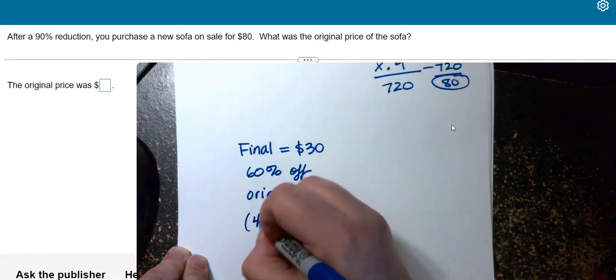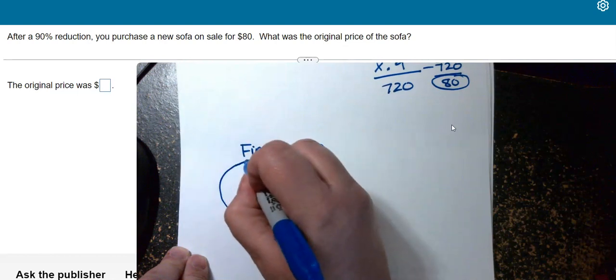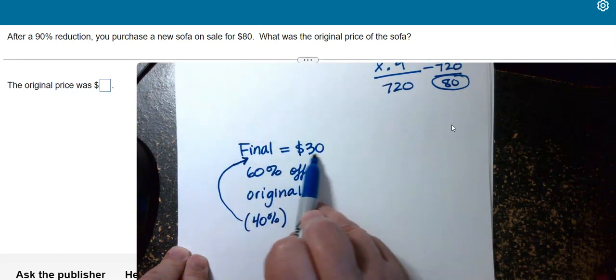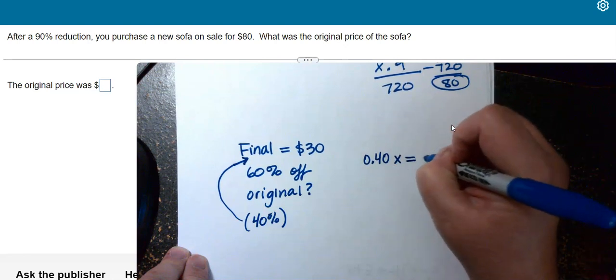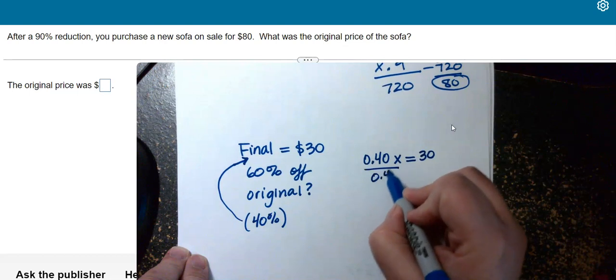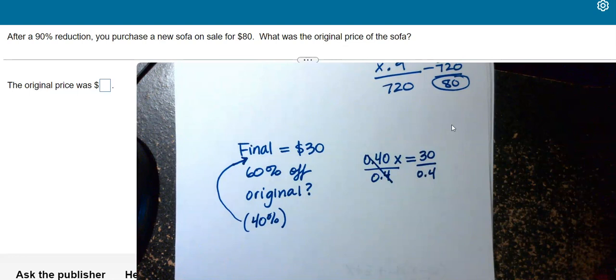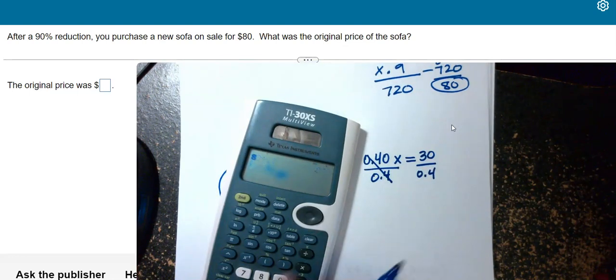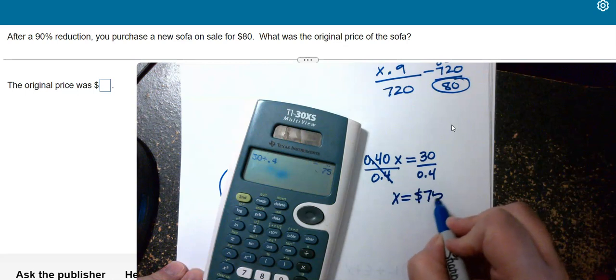So there's 40% remaining. So 40% of the original price is how much was left after we took the discount off. So 0.40 of the original price equals $30. And I can divide both sides by 0.4. And let's see what that gets me. This calculator has seen better days, hasn't it? 75. The original price must have been $75.